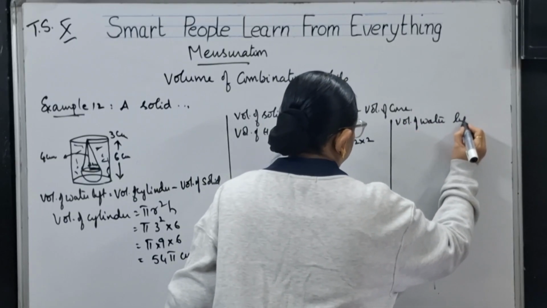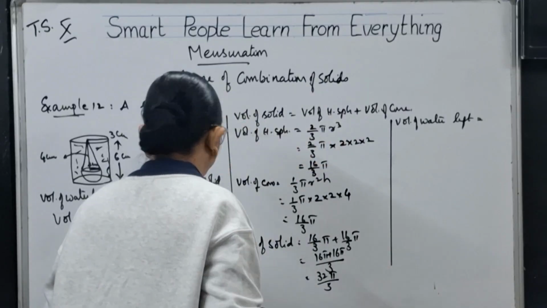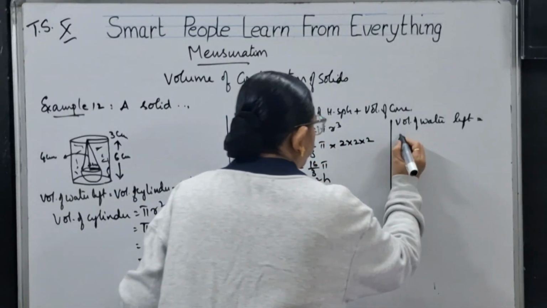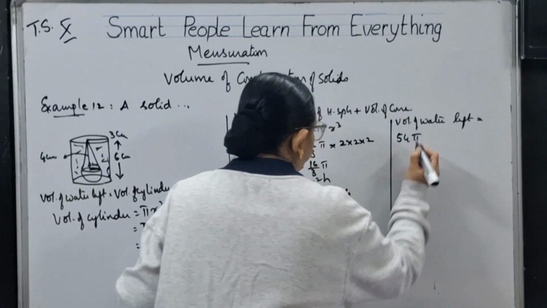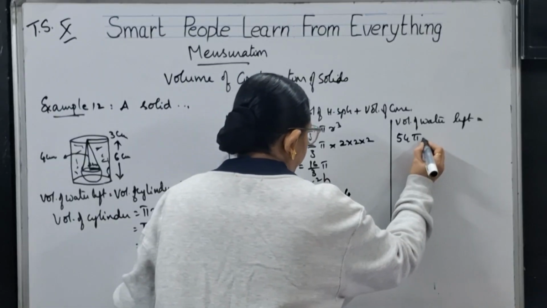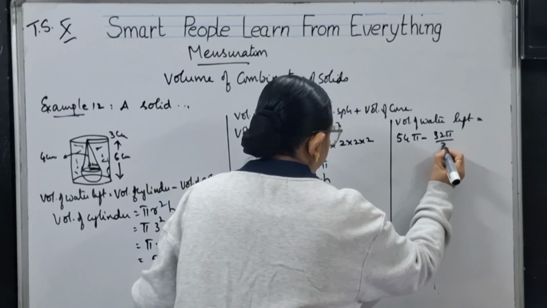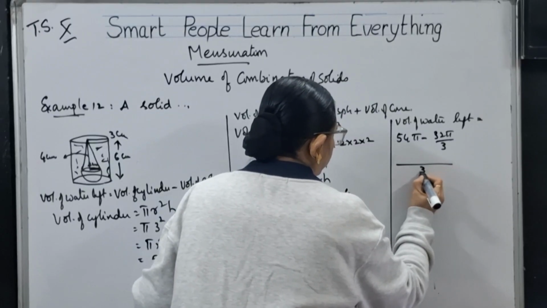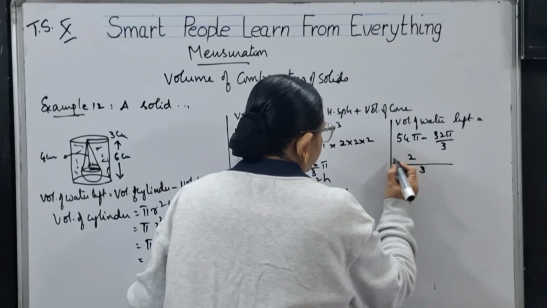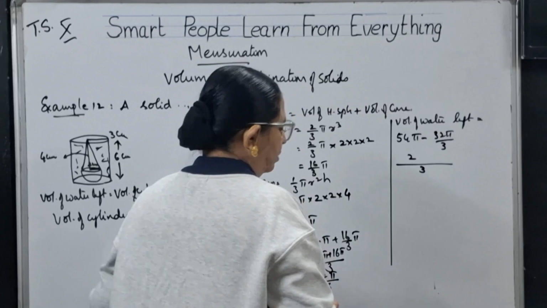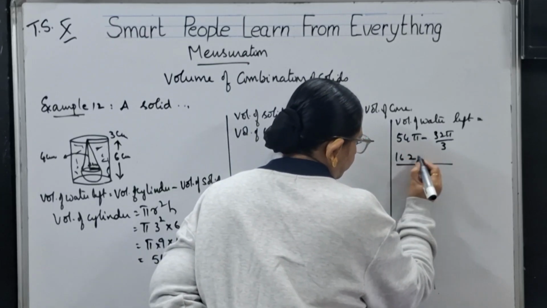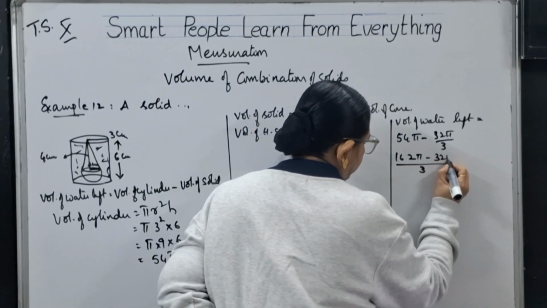Volume of water left is nothing but the volume of the cylinder minus the volume of the solid. That is 54 pi minus 32 pi by 3. So LCM 3: 3 4s are 12, 15, 1, 16, so 162 pi minus 32 pi.